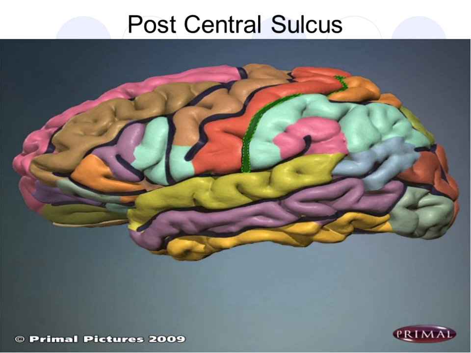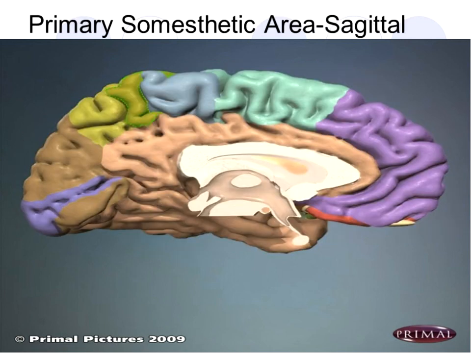Okay, and that's in green. That's what you see here. And of course, if you do the sagittal viewpoint, here is the same thing. The post-central gyrus, or the primary somatosensory area from a sagittal viewpoint. Okay.